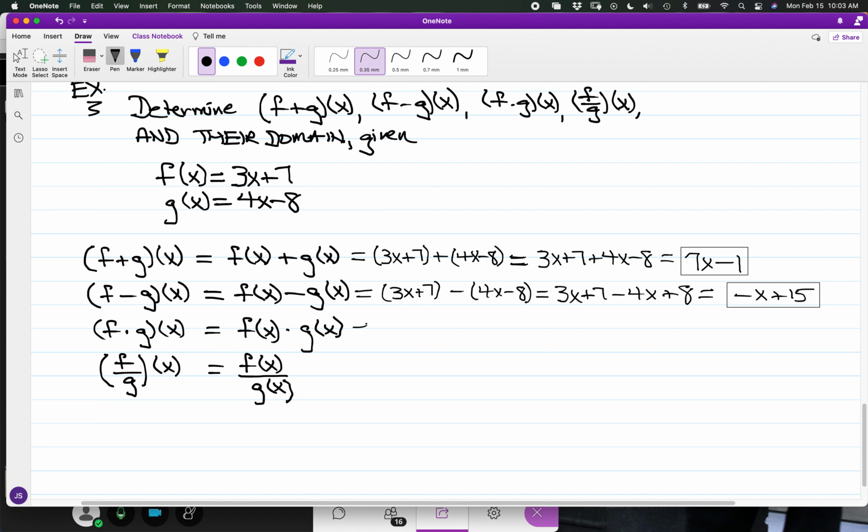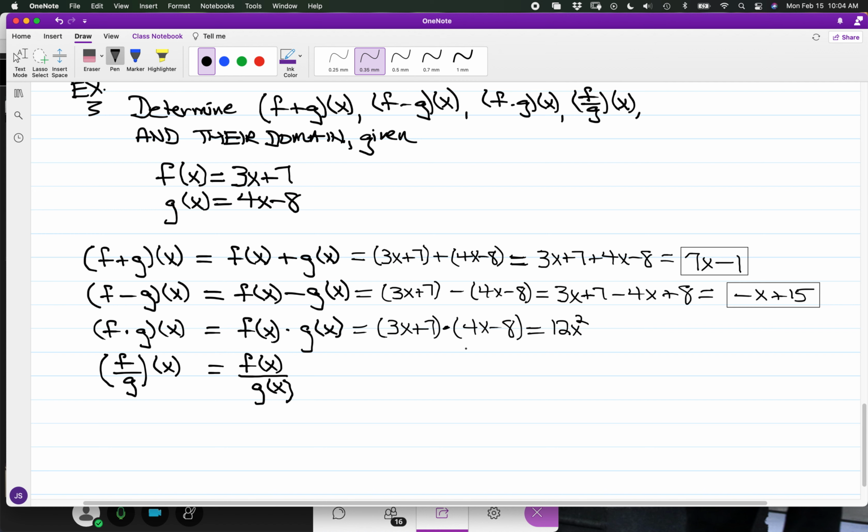And for f times g of x, if I'm looking at multiplying 3x plus 7 and 4x minus 8, upon multiplying, if I FOIL out, you have 3x times 4x, so this would be 12x squared.